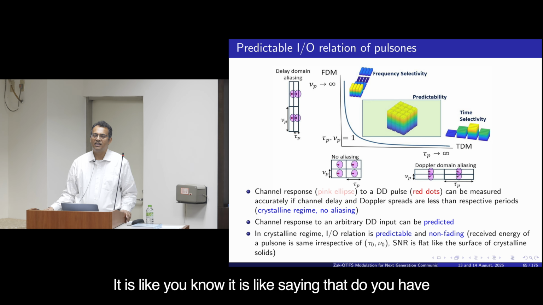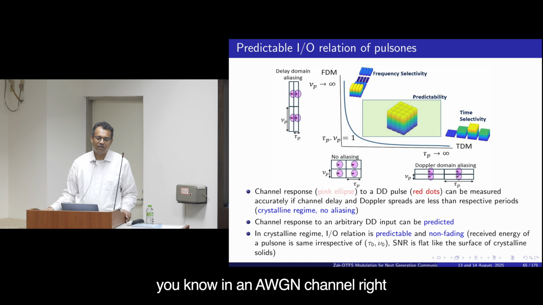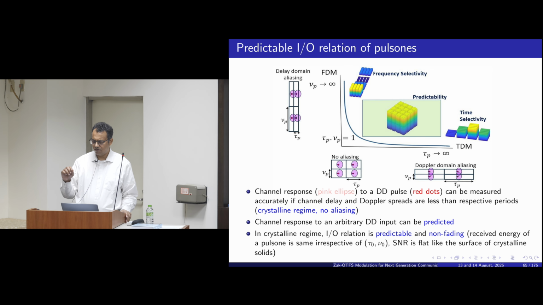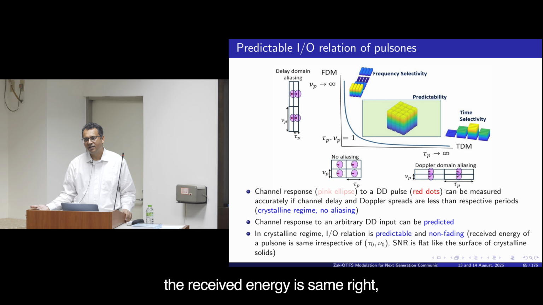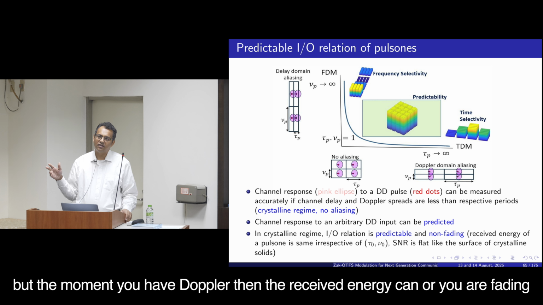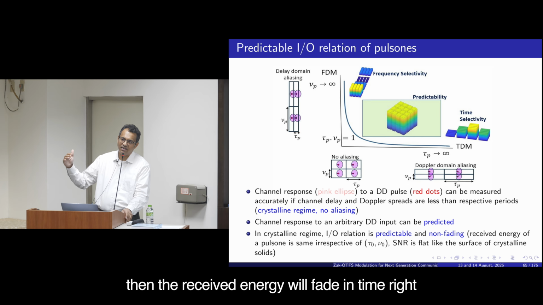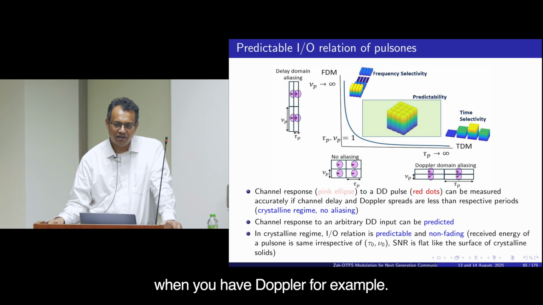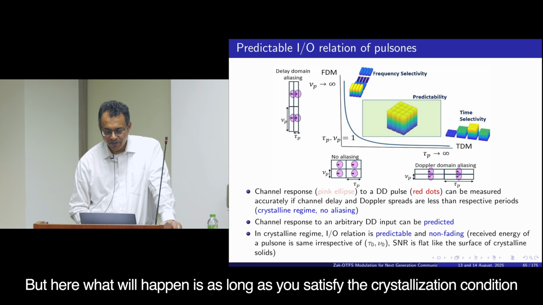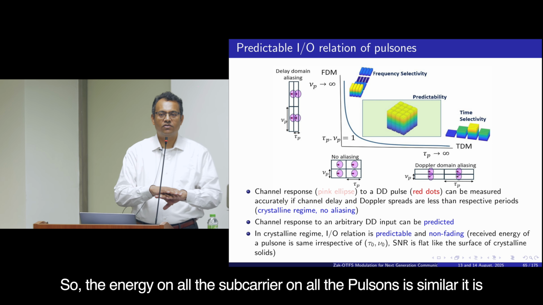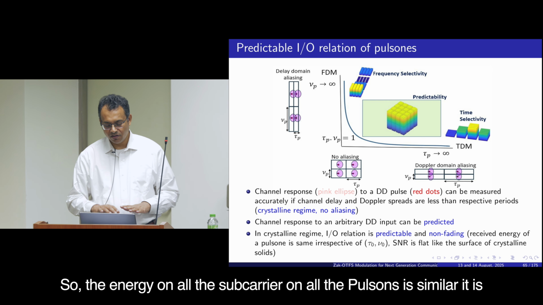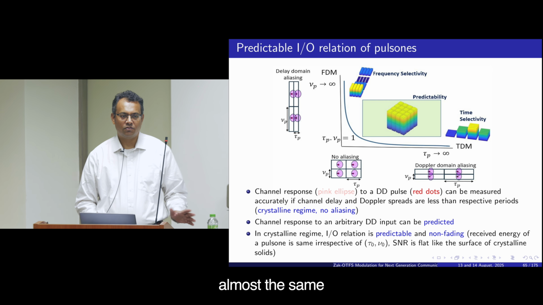It's like saying that in an AWGN channel, irrespective of the time when you transmit your time domain pulse, the received energy is the same, right. But the moment you have Doppler, or you are fading, then the received energy will fade in time, for example. But here, as long as you satisfy the crystallization condition, you will not have fading in the delay Doppler domain. So, the energy on all the pulsons is almost the same.